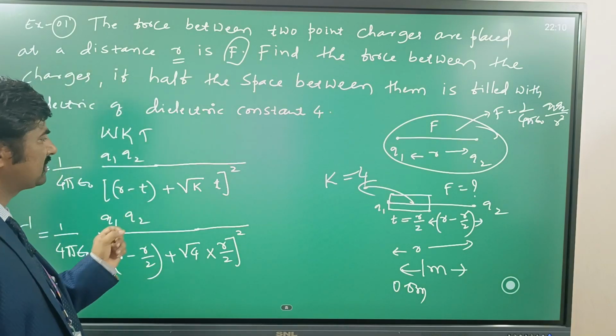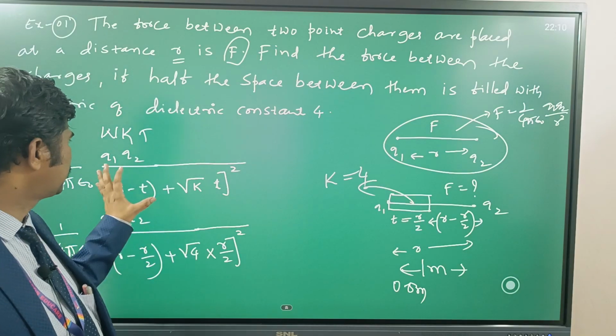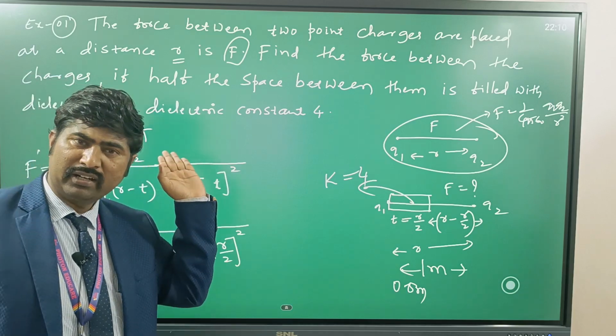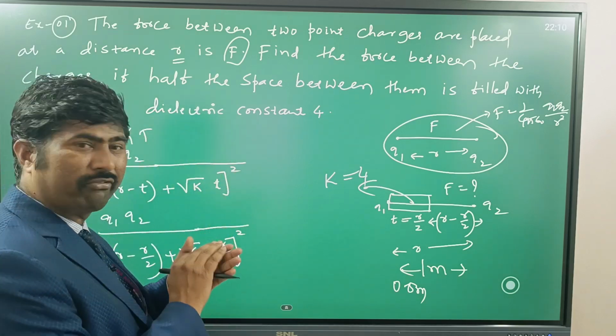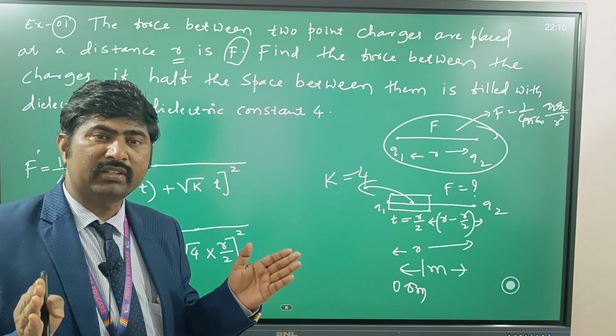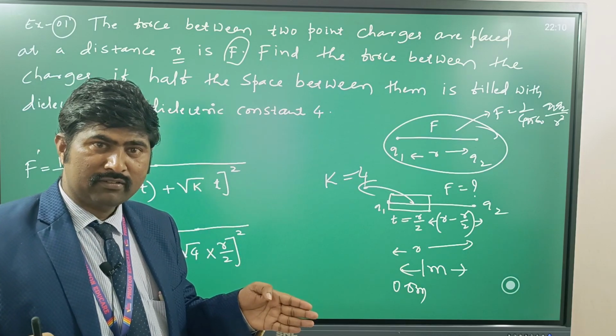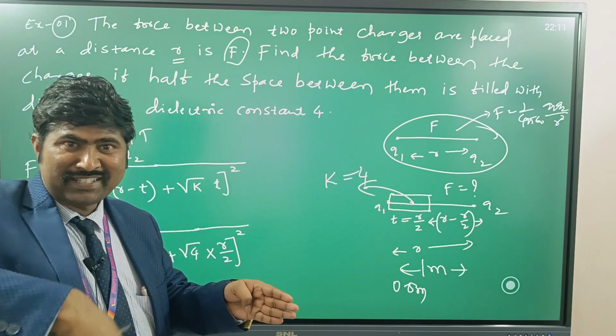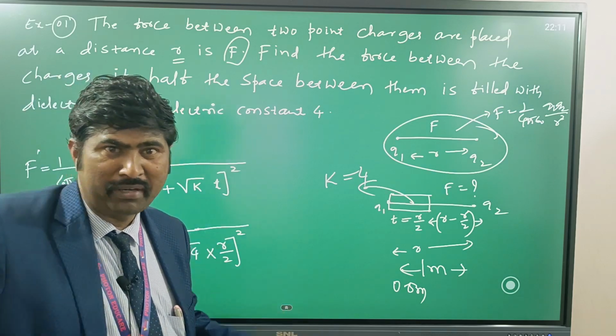This is a special case, this is a special formula. You just remember, no need to remember the derivation of how it comes, just remember the formula. This is the formula for when two charges are inserted with a dielectric material.